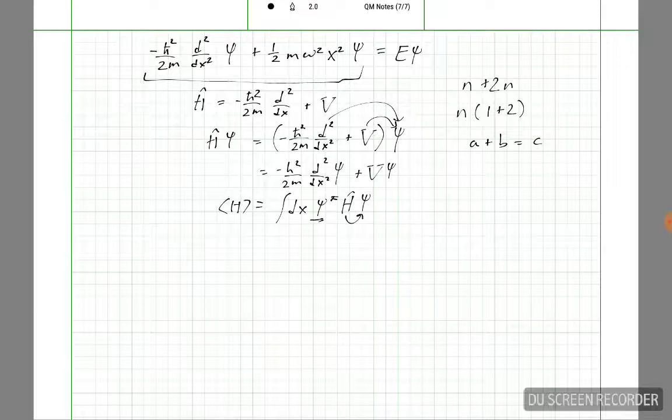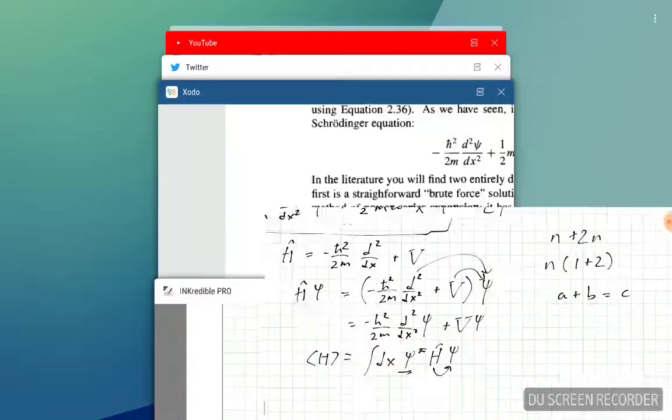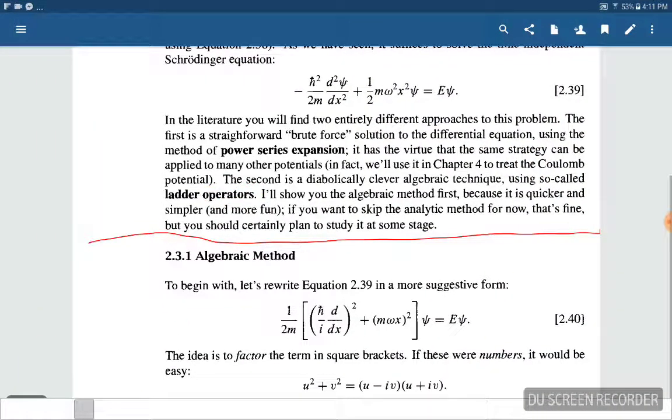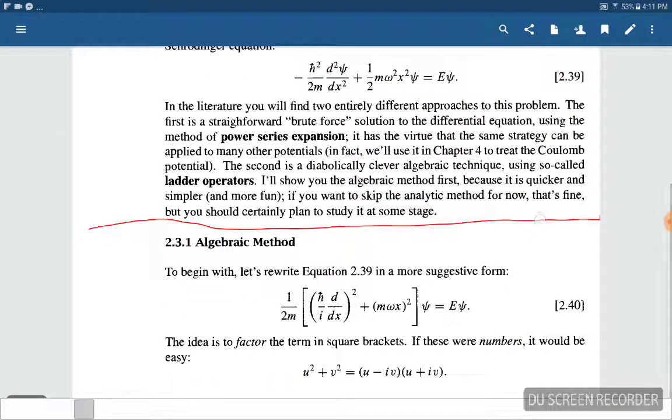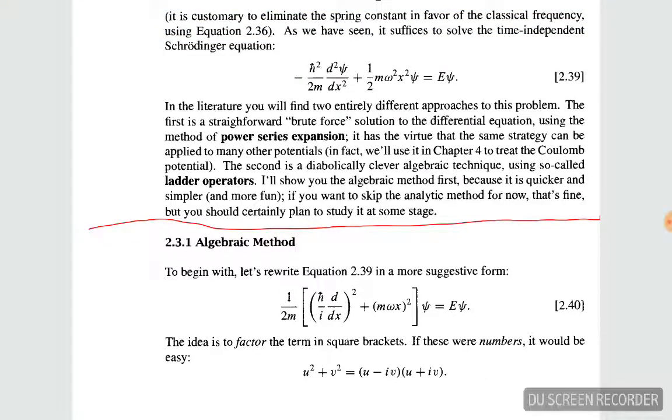Sometimes it's easier to just write that out in an operator form. We do the same thing for momentum too. So in this part, we're going to be coming up with some other operators. Specifically, they're going to be ladder operators.